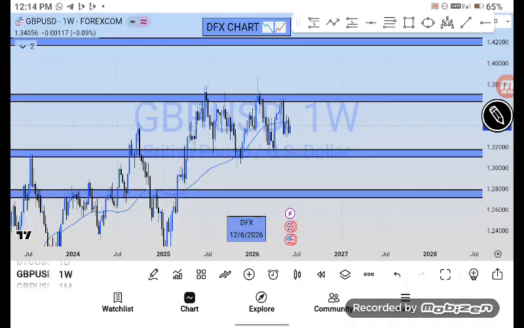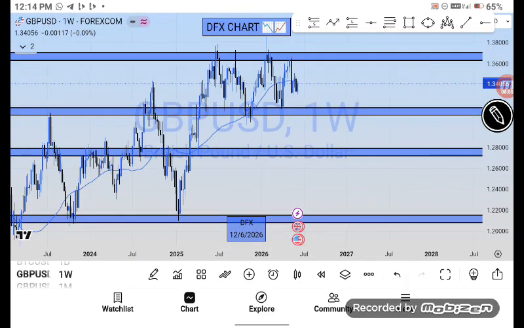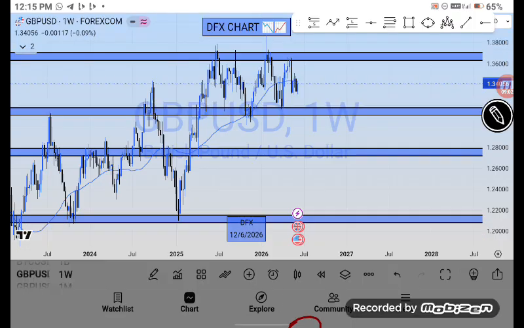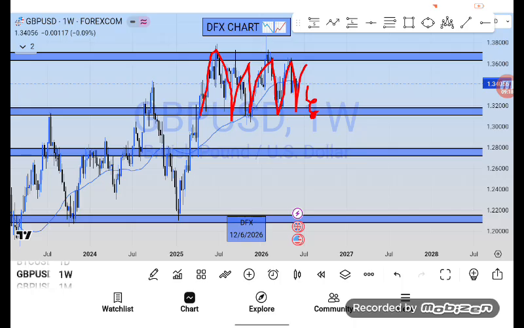Okay, so this is how I draw my support and resistance. Just focus on the obvious levels. Right now the market price is around this area. So when the market opens, I'm expecting the price to draw back to this point and probably give us a buy, because the market is still overall bullish, even though we've been ranging within this area.